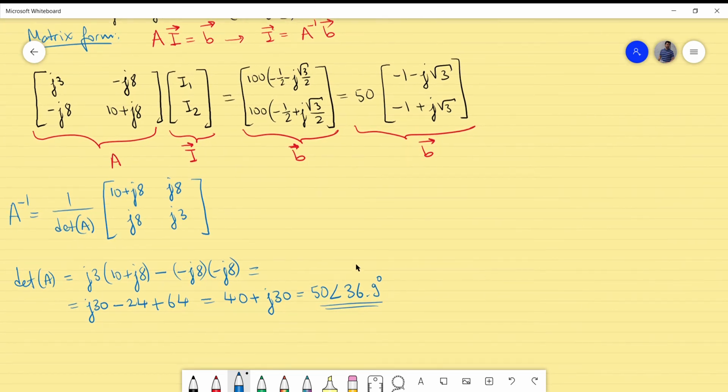Because we have now this, so we can say if you place this term here, and you have also this one, then you have the inverse.